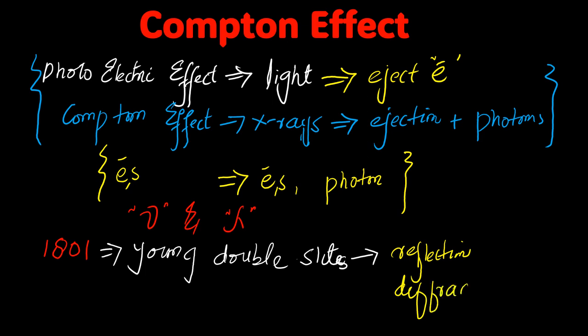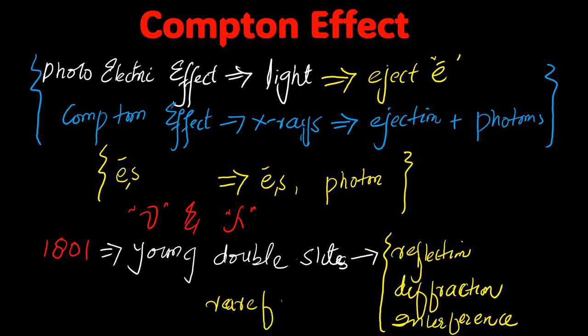There were two types of diffraction which Young observed, constructive and destructive, or constructive interference and destructive interference. He also observed another property of light, which is known as refraction.